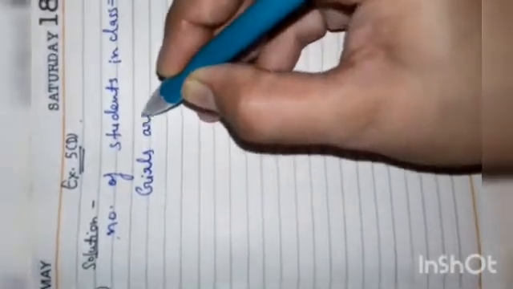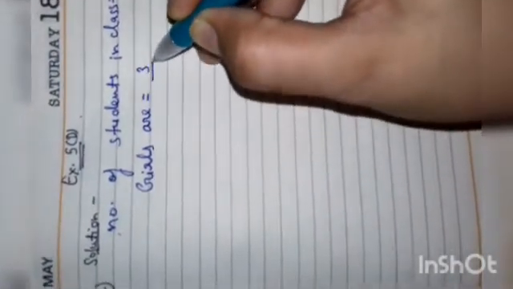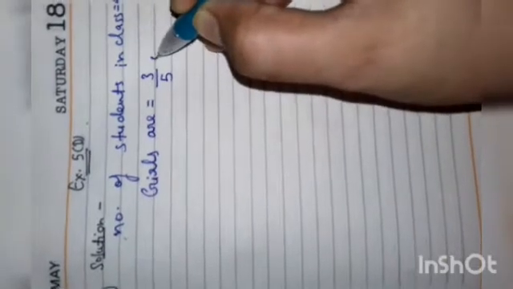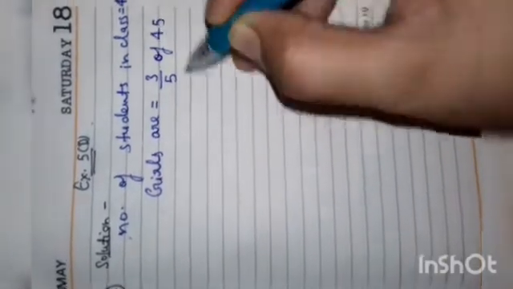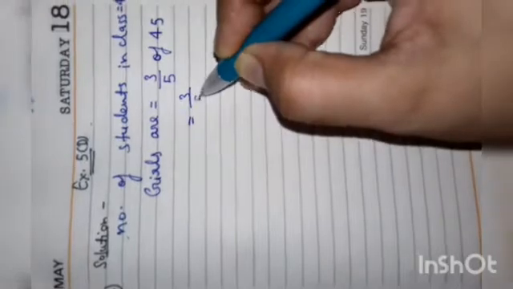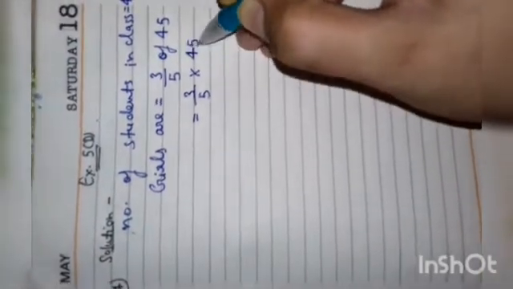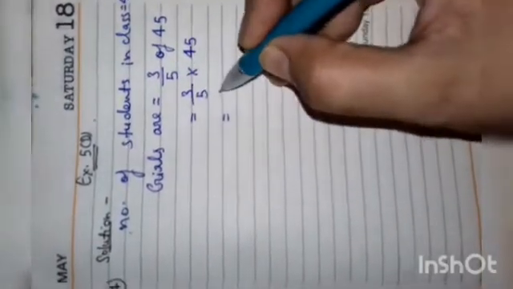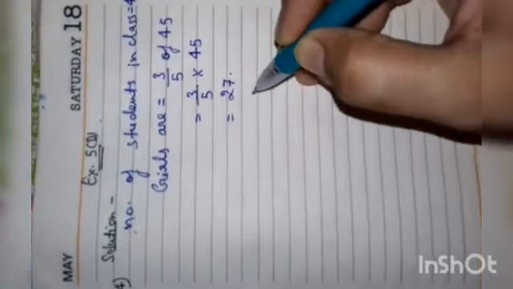Girls are equal to 3 by 5 of 45. So 3 by 5 into 45: 5 nines are 45, 9 threes are 27.